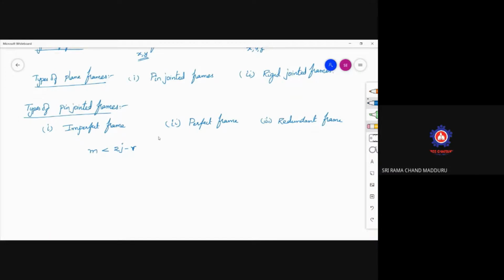Here m is the number of members, j is the number of joints, and r is the number of equilibrium equations.